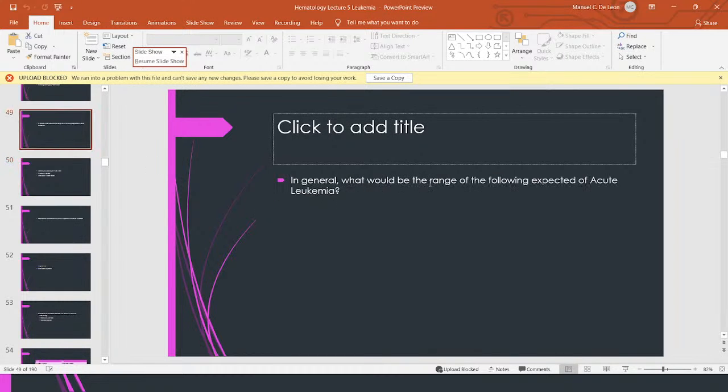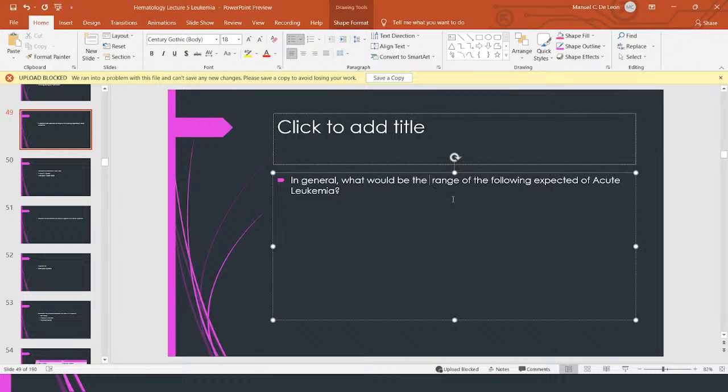What would be the CBC ranges of the following for acute leukemia? So I added the following.